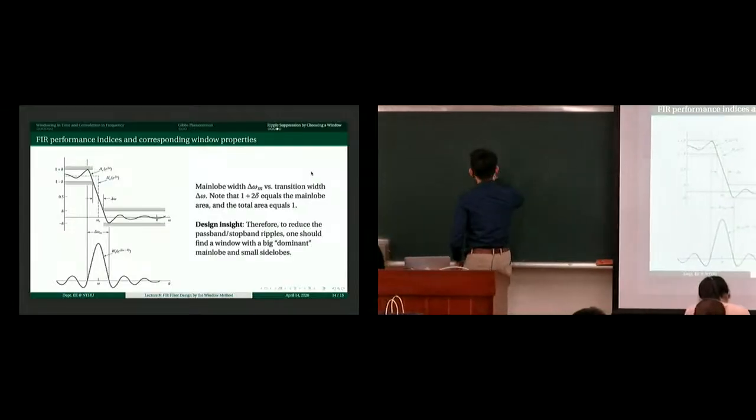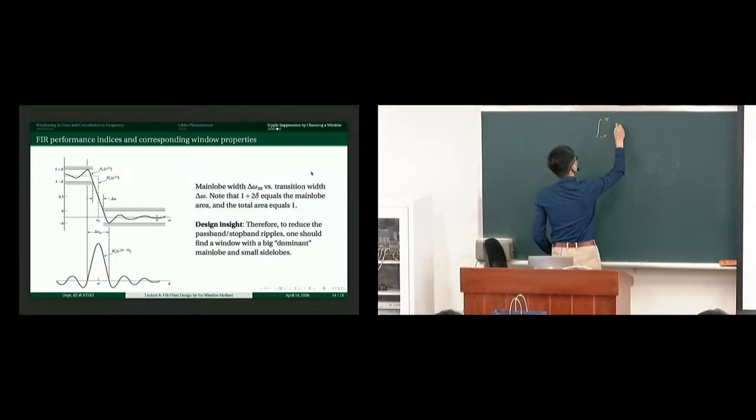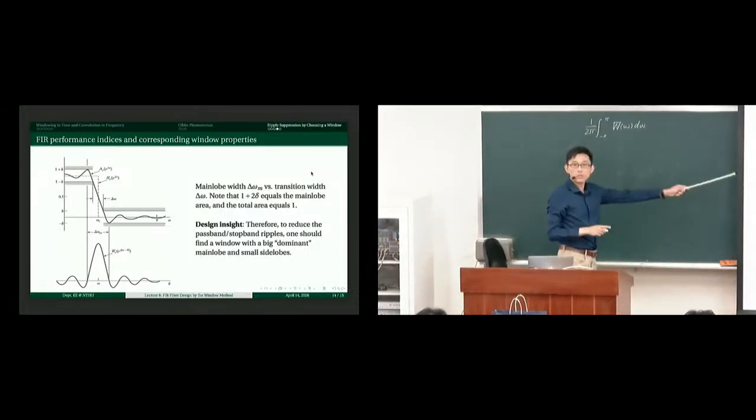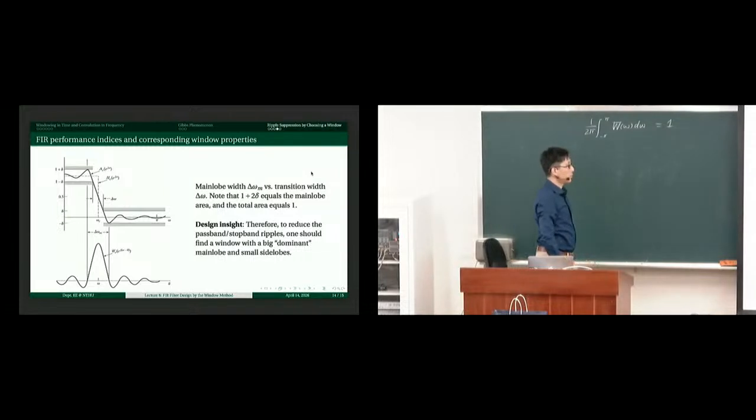By that, I mean when we integrate w(omega) d omega from minus pi to pi, the total area, with a normalization factor, it turns out that for all the windows that we see, the total area is 1.